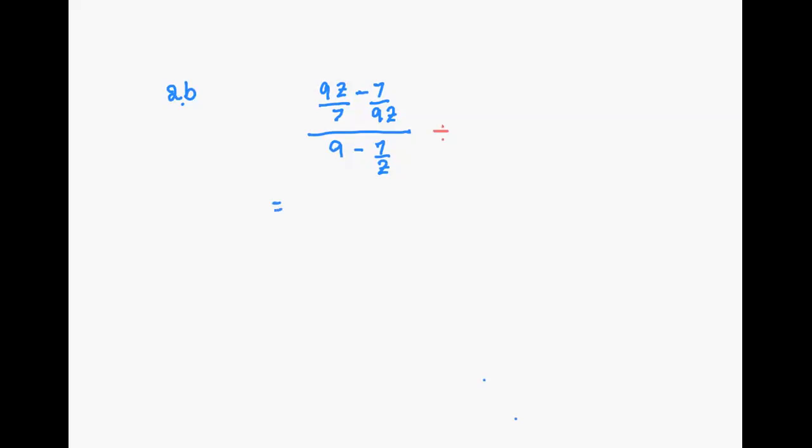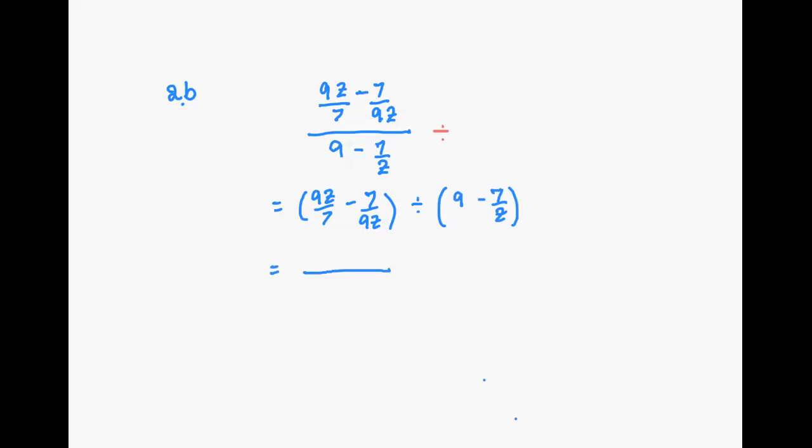The numerator part is 9z over 7 minus 7 over 9z, divided by the denominator quantity, which is 9 minus 7 over z. And then we're going to simplify each quantity using the common denominator.